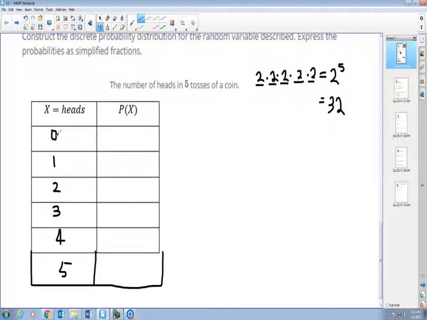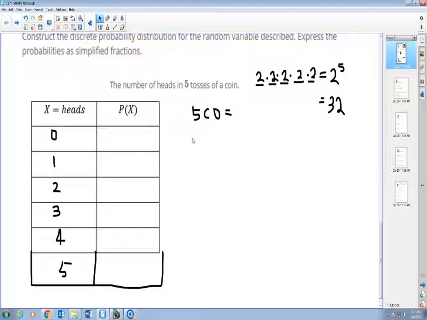Alright, so what's my probability of getting 0 heads? That would be how many ways I can get 0 heads. So that would be 5 coin tosses, choosing 0 heads using combination. Alright, same thing for the 1 head.